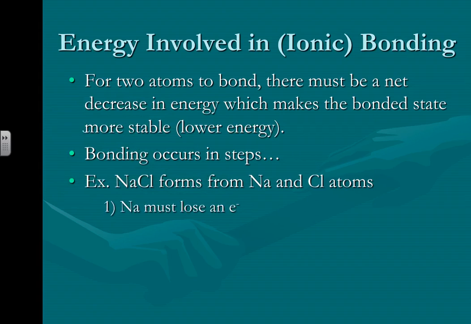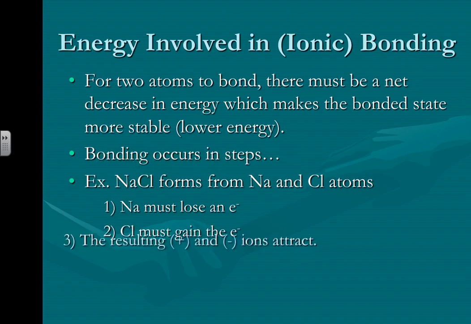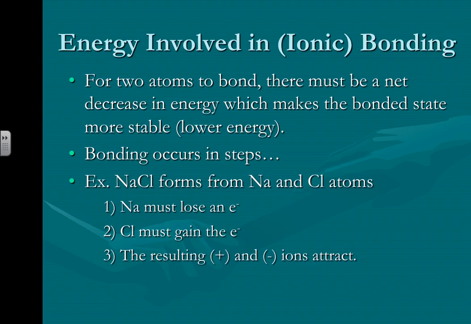Once the sodium loses an electron, then the chlorine is capable of gaining that same electron. Once the chlorine gains the electron, and your sodium is now positive and your chlorine is now negative, it would be possible for those resulting ions to attract to each other, and that would form, we are assuming at this point, a lower energy overall than the sodium and the chlorine atoms apart.